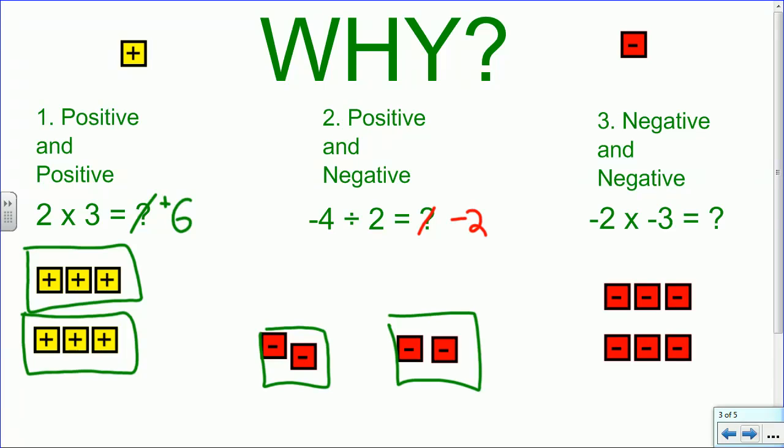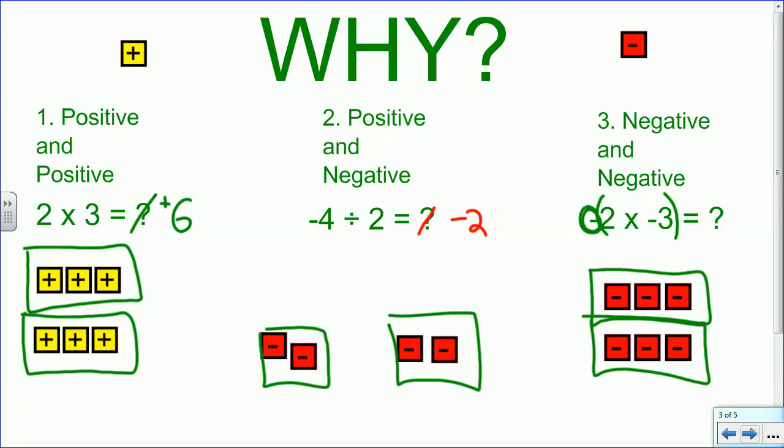What we're going to try to do here is take this first negative sign and separate it, and think, what if that just means the opposite of 2 groups of negative 3? Here we have 2 groups of negative 3, but what if we have this negative sign out front? What's the opposite of 2 groups of negative 3?